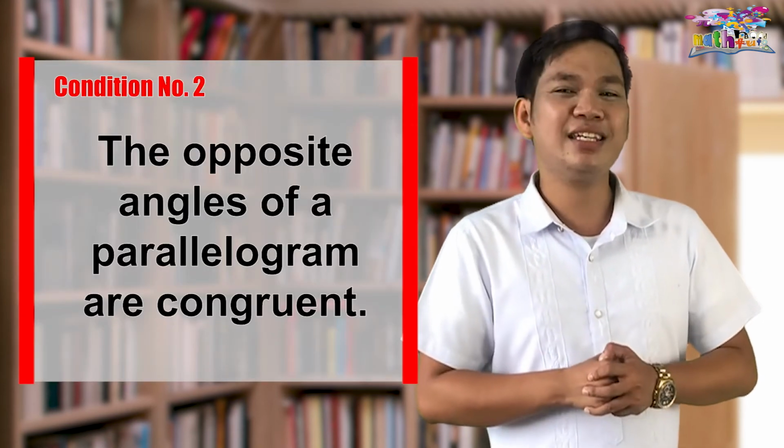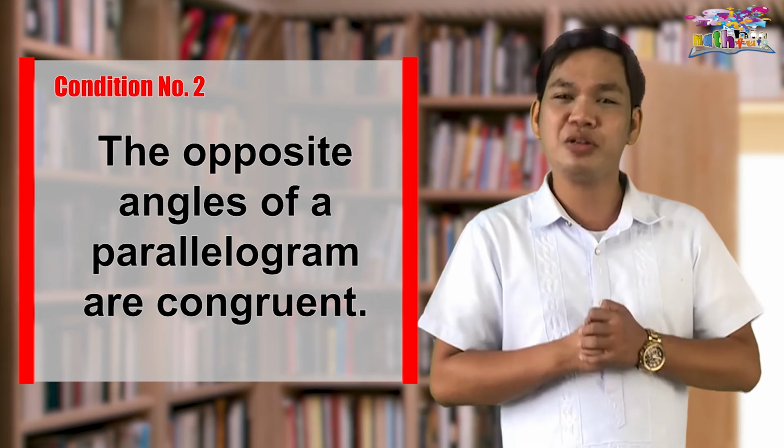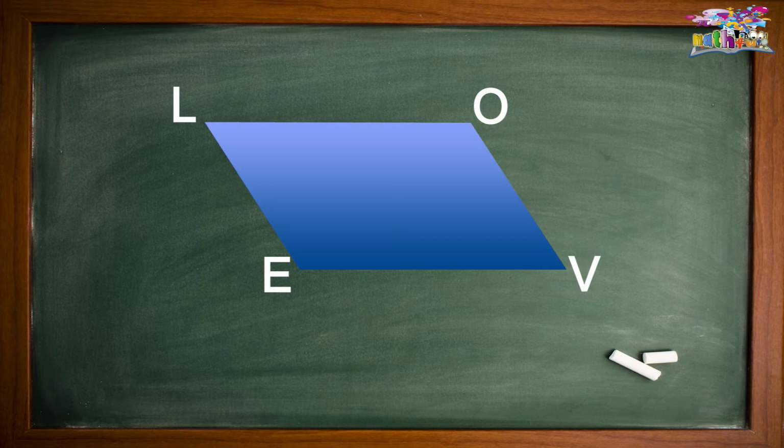Condition number 2. The opposite angles of a parallelogram are congruent. Opposite angles of a parallelogram have also the same measure. Look at this figure. In quadrilateral LOVE, angle L and angle V are opposite angles and they are congruent.